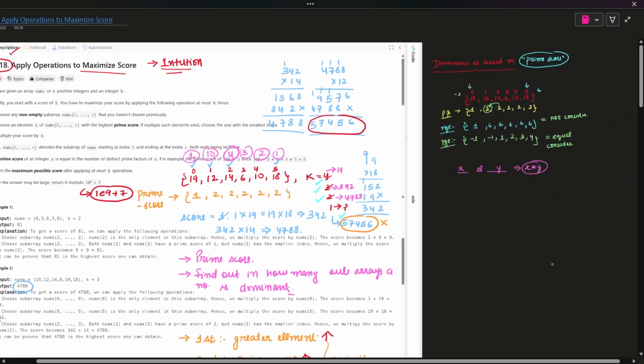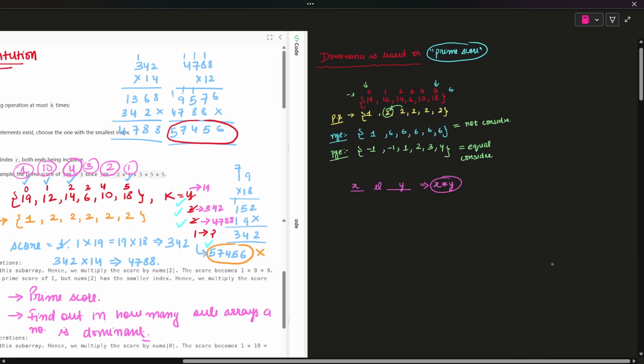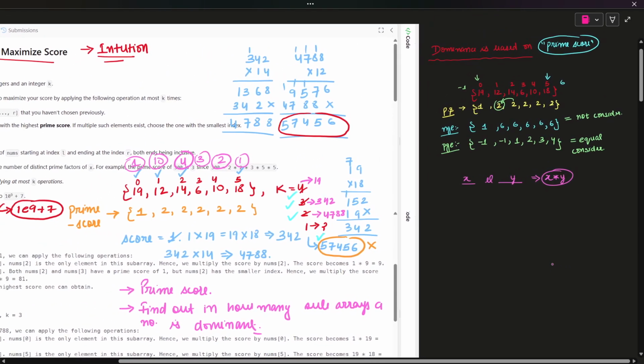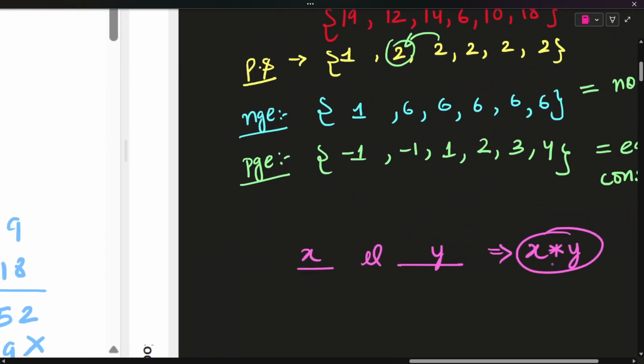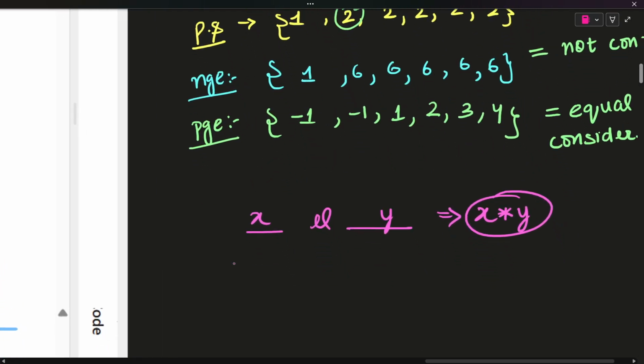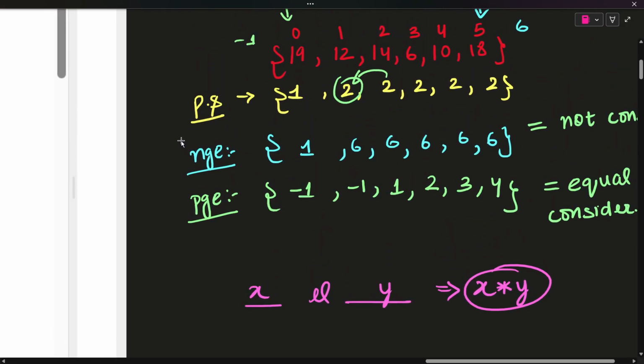Let me just copy down the NGE and PGE, then we can calculate the dominance.